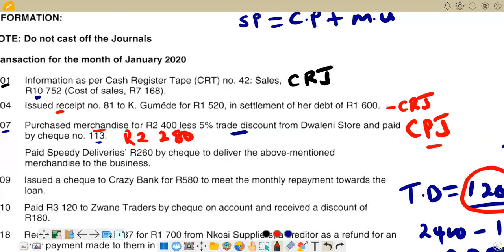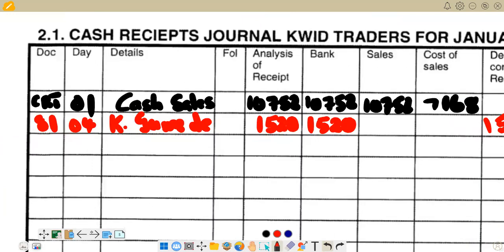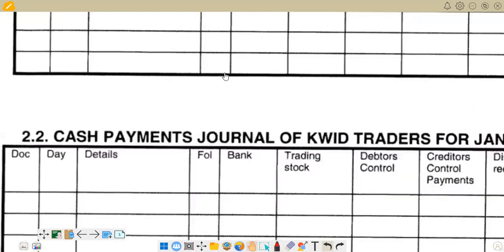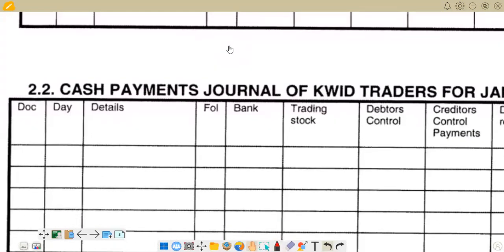So we can go to our cash payment journal. We try to see what we have in terms of our cash payment journal. So this is our cash payment journal. Remember we've highlighted in terms of the documents. The document that we have there, we said it's 113. So we've got 113 here.